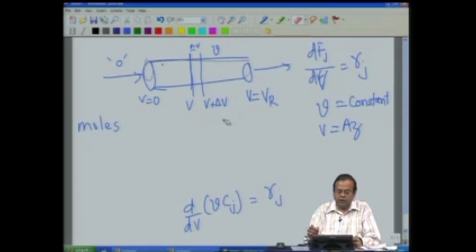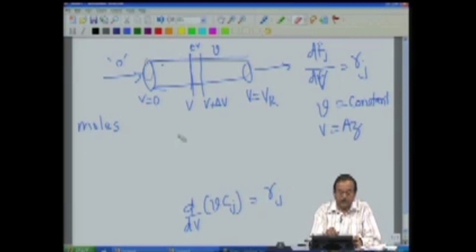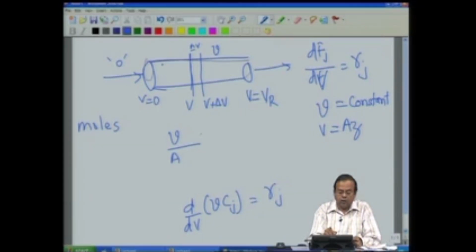So, if that is the case, then we can simplify this mass balance equation further. What is that simplification? V is constant, so we can take out V from this mass balance equation common outside. So, we have V, and instead of dV we will put A dZ, so V dCj by A dZ equal to Rj.